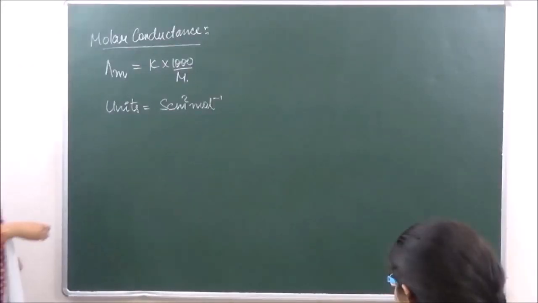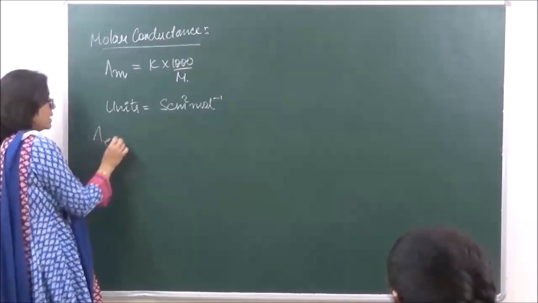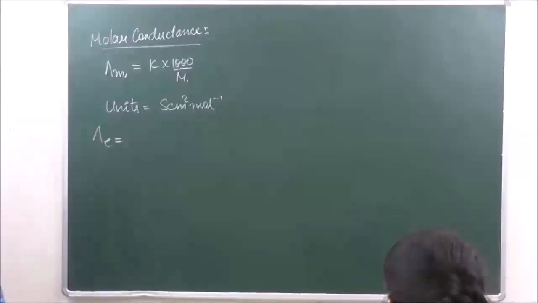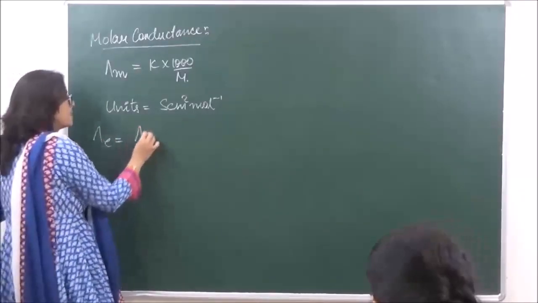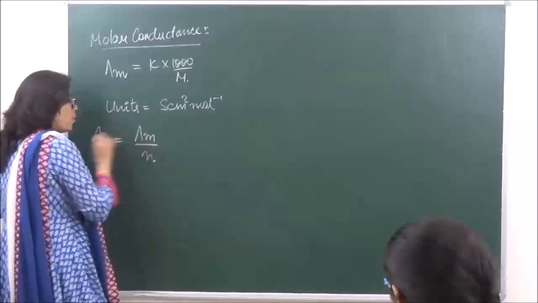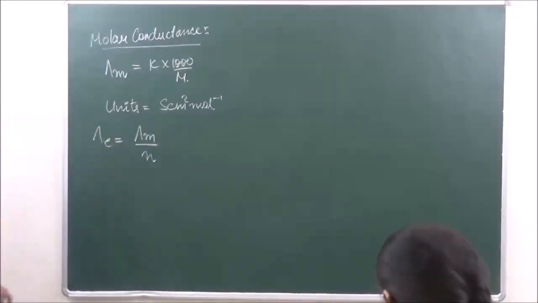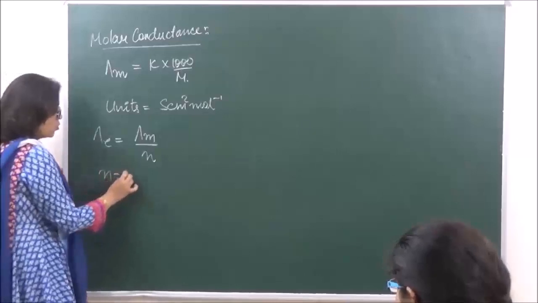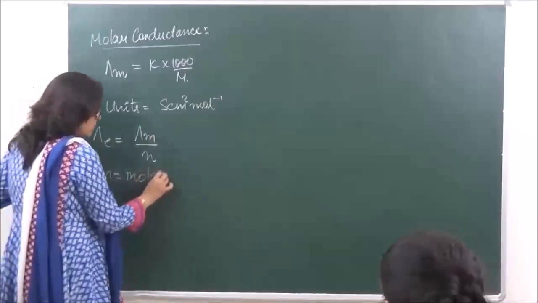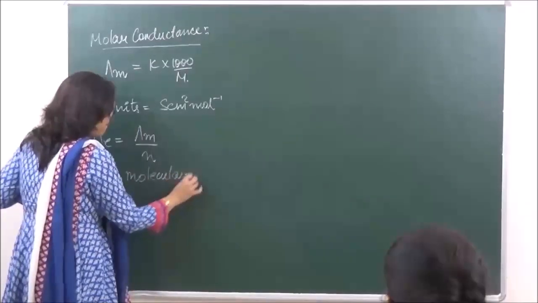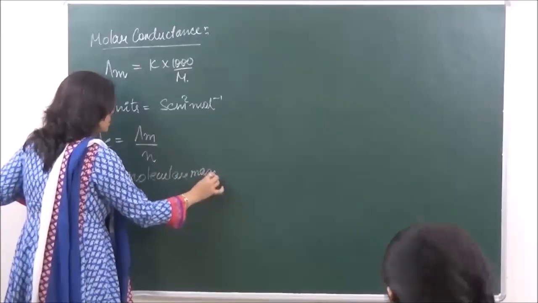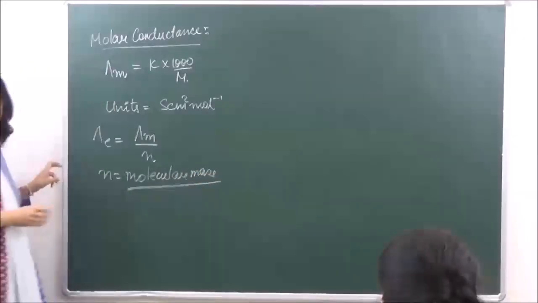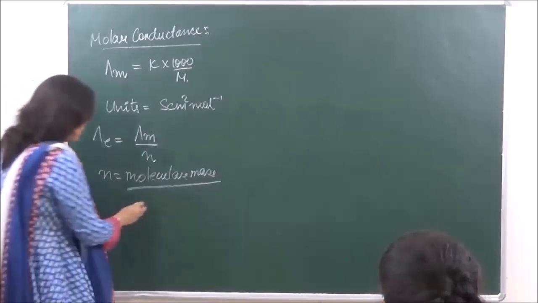Equivalent conductance is equal to molar conductance upon N. This is the relationship between equivalent conductance and molar conductance, where N is equal to molecular mass upon equivalent mass.